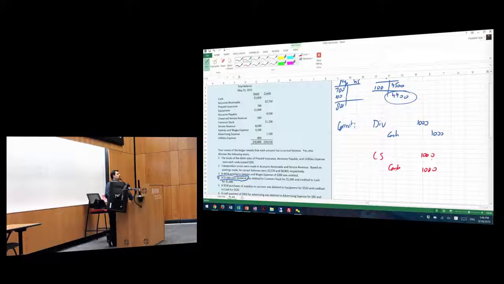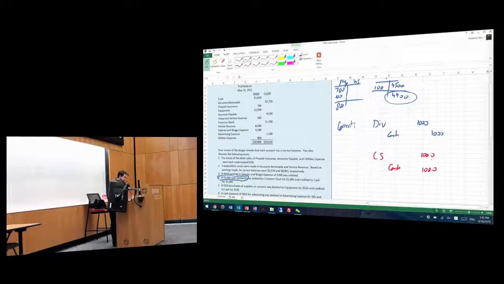How do you cancel a certain transaction? How do you cancel one like this? You enter the opposite. You would then credit common stock for $1,000. Exactly. If common stock was debited $1,000 and you want to cancel that one, you credit $1,000.